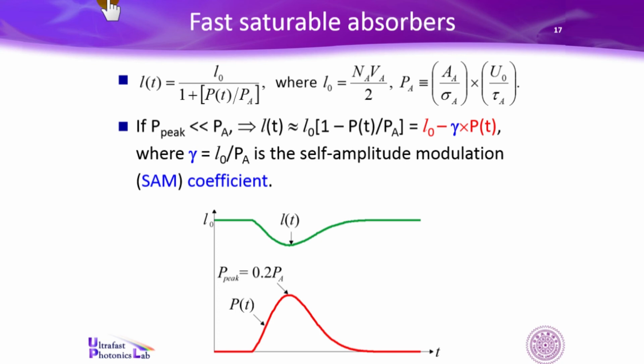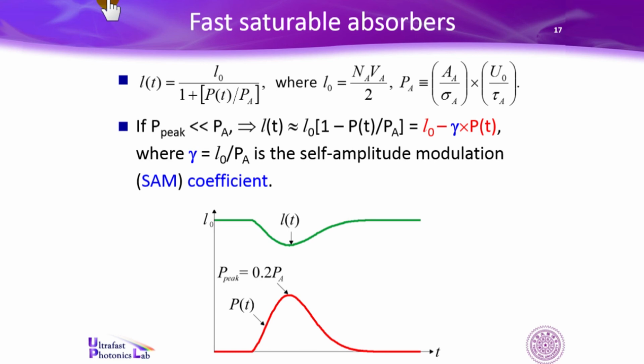Okay. Could you tell why it is referred to as self-amplitude modulation? Okay, if you check the formula, your loss as a function of time equals a constant minus a proportional coefficient times the driving laser power. So the logic is very similar to self-phase modulation. This is amplitude or loss modulation. And it totally reflects the shape of the driving pulse, right?